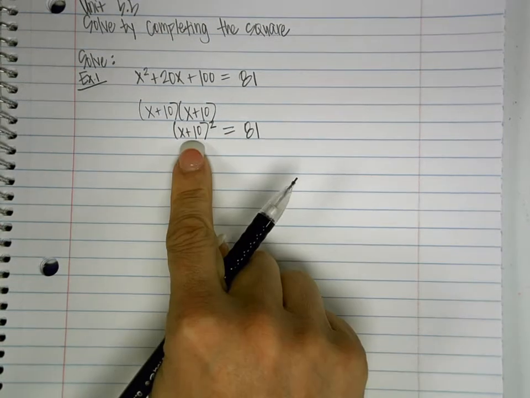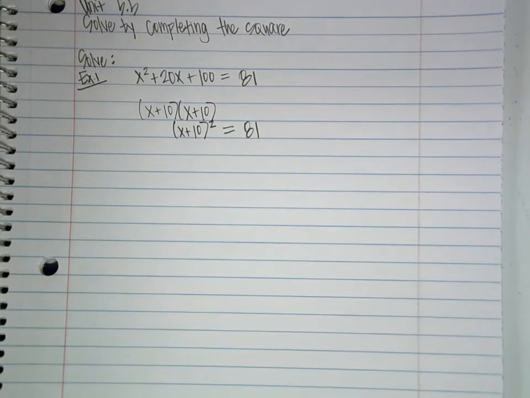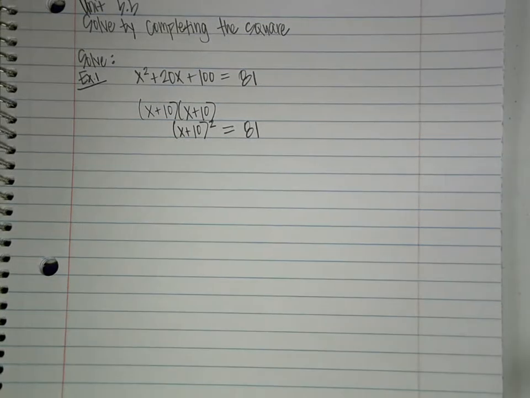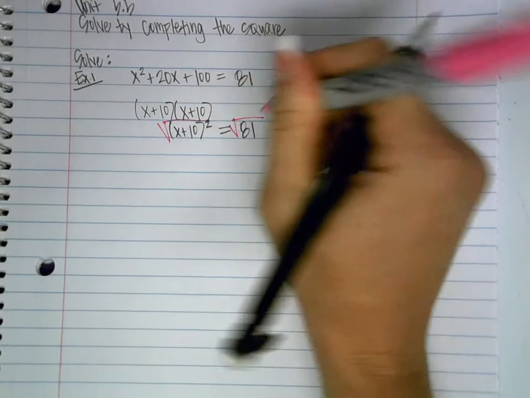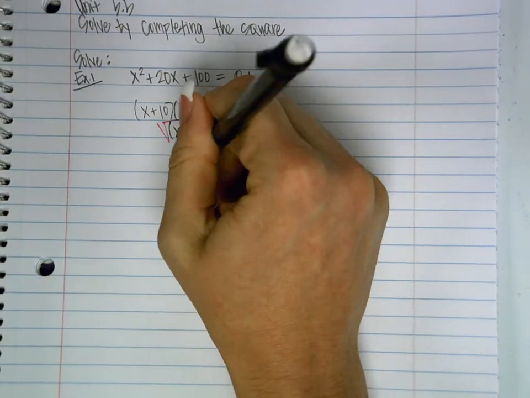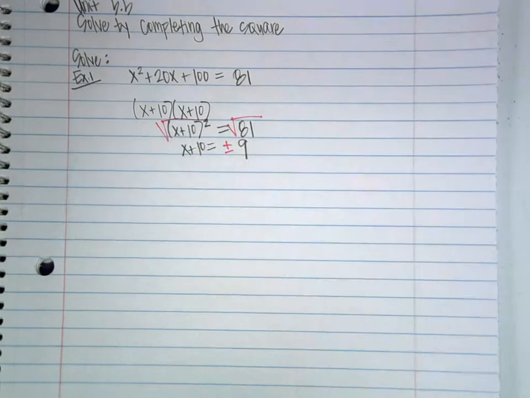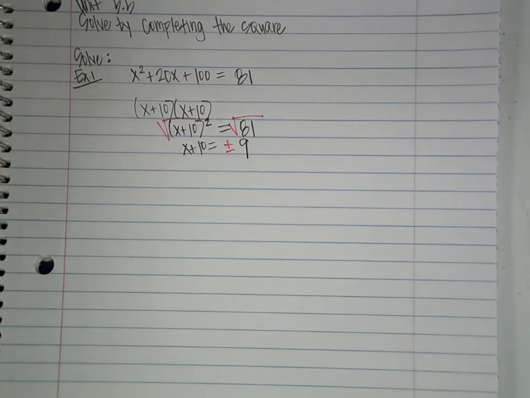Now, if you know that you have a perfect square there, how can I get rid of the square? You root it. Root both sides. Now, what do you have to remember if you root both sides? Plus or minus, right. So, x plus 10 equals plus or minus 9. Now, is this one that I have to split into 2, or can I leave it alone? Has to be split.